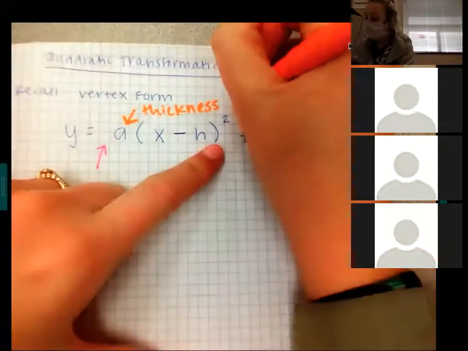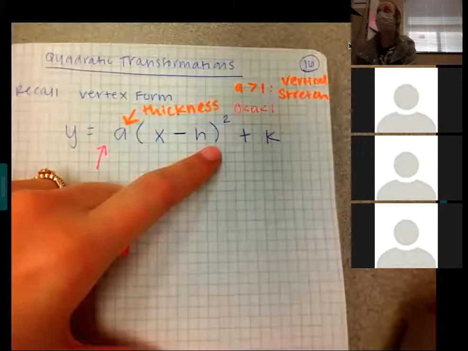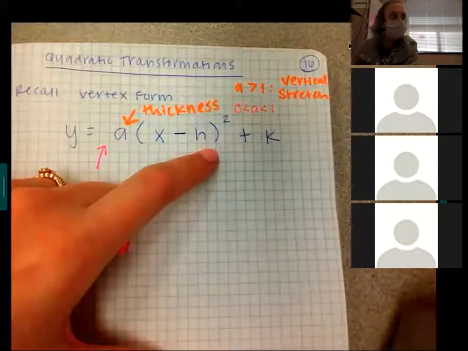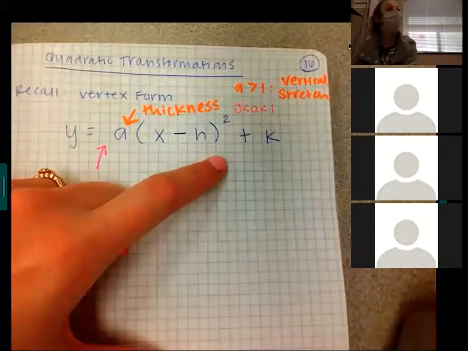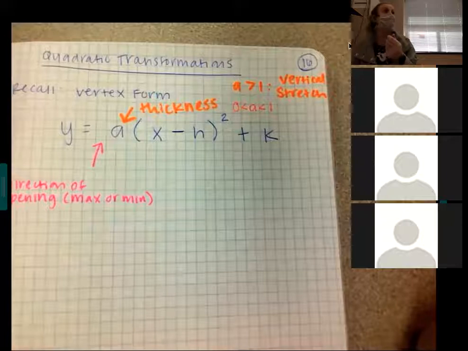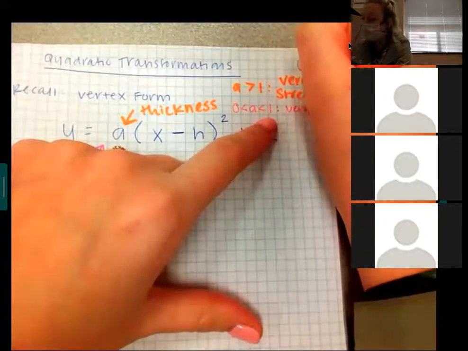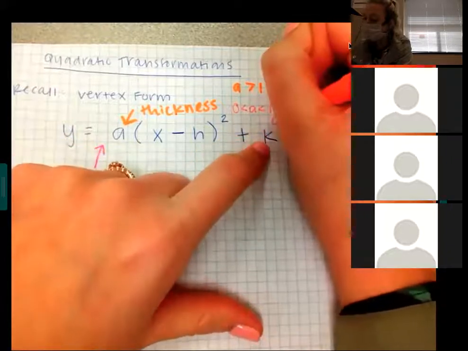So watch. If A is in between 0 and 1, meaning it's what kind of number? Good. If it's a decimal, because anytime you multiply by a decimal or a fraction, it's going to get smaller, right? Okay, good. So if A is in between 0 and 1, we call this a vertical compression.